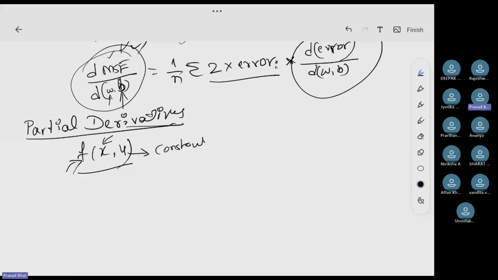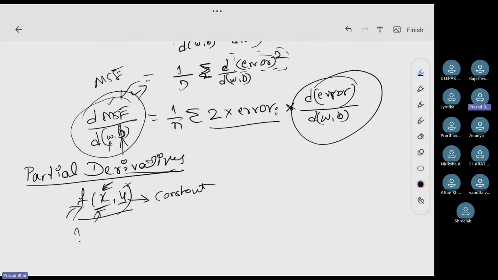It is not changing. We are simply assessing the effect of x on f. In that situation, we treat only x as the variable and y is treated as a constant. In the same way, if I want to find out the effect of y on f, then I have to treat x as a constant. That is what we have to do here as well.